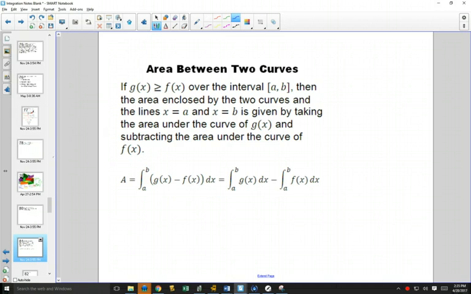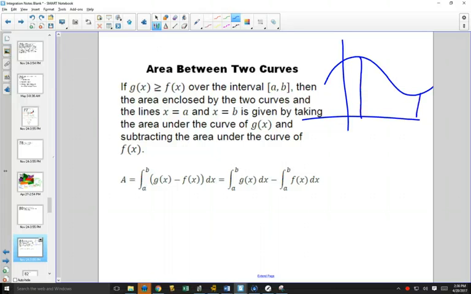Okay, area between two curves. So we found our area underneath a curve last class, which was pretty cool because you could have a sine curve moved up and you could figure out the area underneath the curve from there to there. But now we can have some fun with that and say perhaps we had a parabola like this.